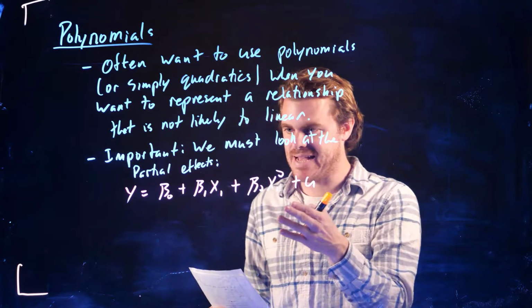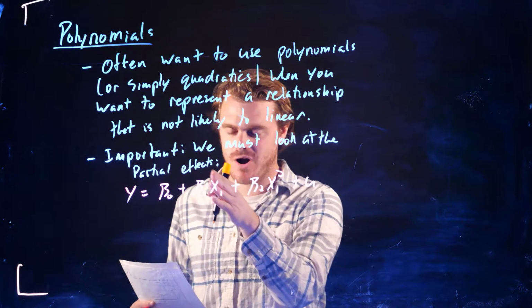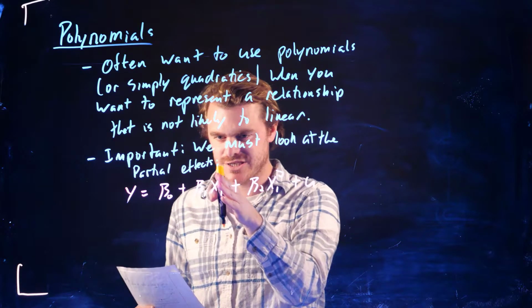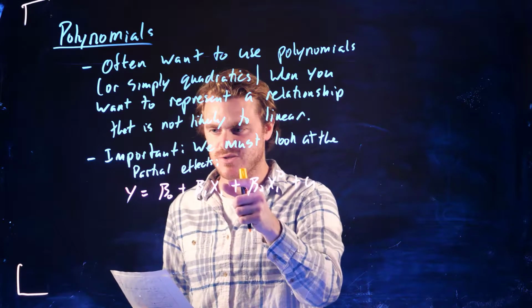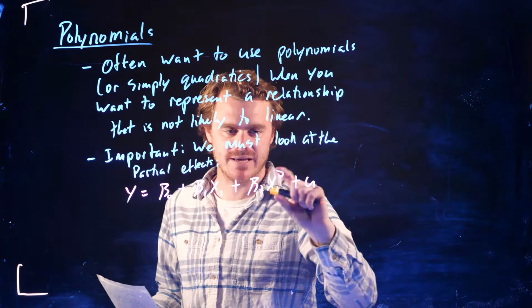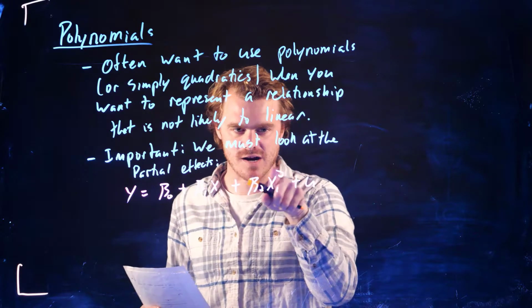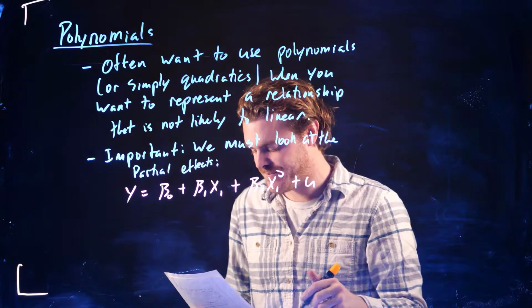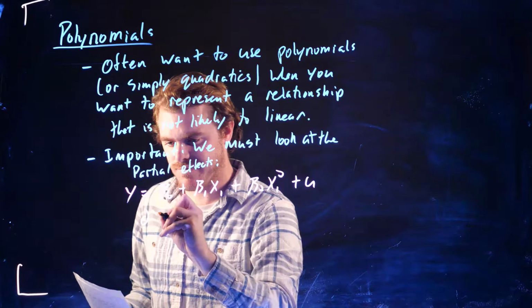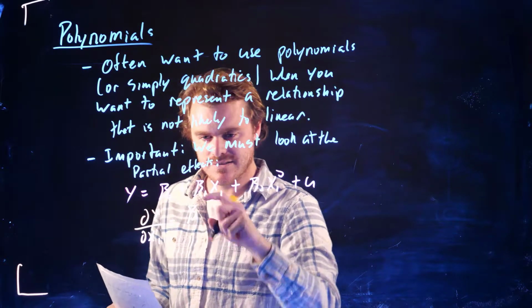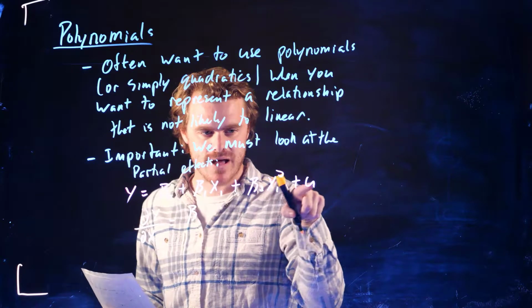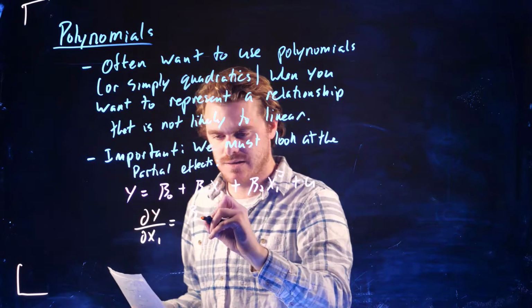So we can't just look at the partial effect. We can't just interpret this beta 1 as a marginal change in x1, the effect of that on y, because we can't change this variable without also changing this one, right? And so the partial effect here is to take the derivative of this with respect to x1.